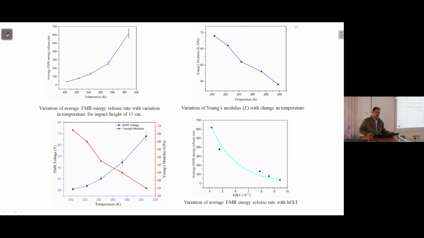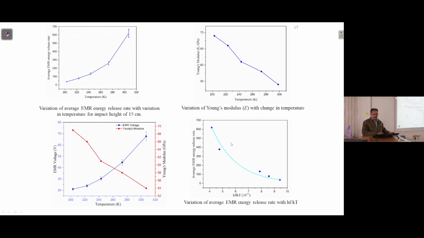So as we keep decreasing the temperature, the sample tends to attain higher stiffness. The same load will then produce less deformation for a higher stiffness material as compared to a lower stiffness material, right? Thereby, since the deformation is less, we get a weaker signal. So this is linked with this.